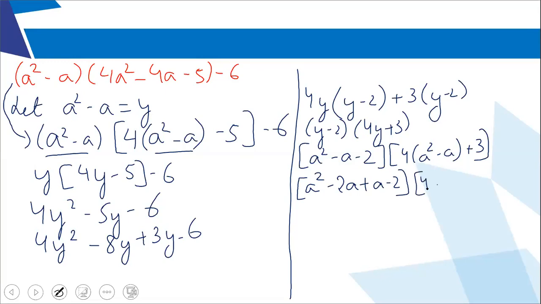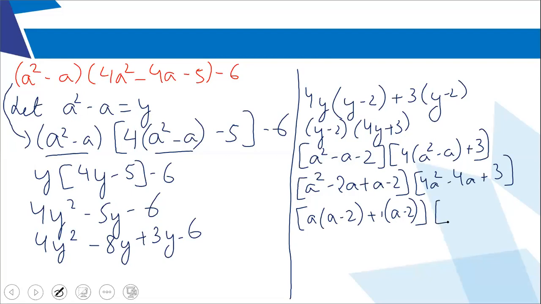Next, I will just multiply: 4a square minus 4a plus 3. Can we break that? Someone got minus 3 and put a wrong sign by mistake.